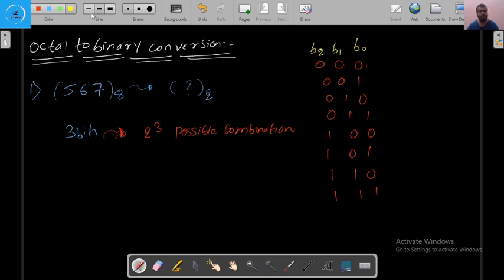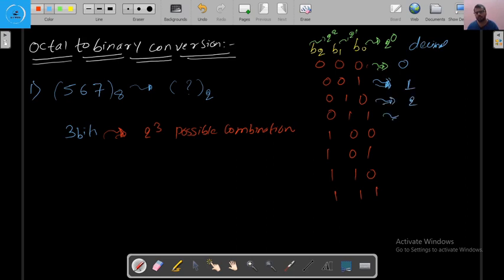So what is the weightage of this? Since it is a binary number system, its radix will be 2, so we can write 2 to the power 0, 2 to the power 1, and 2 to the power 2. Now 000 we can write as 0 in decimal. What is this 1?